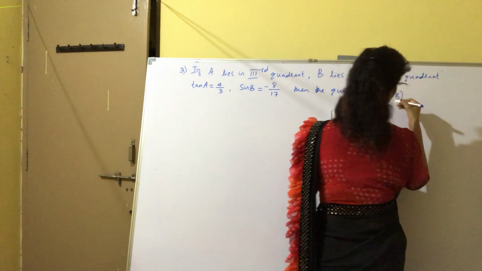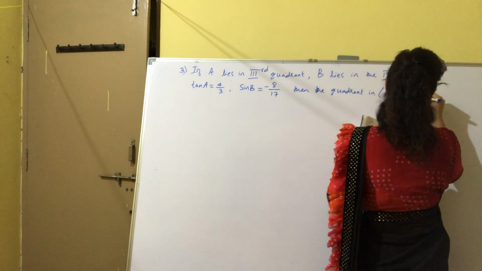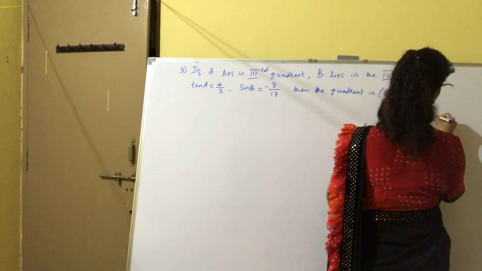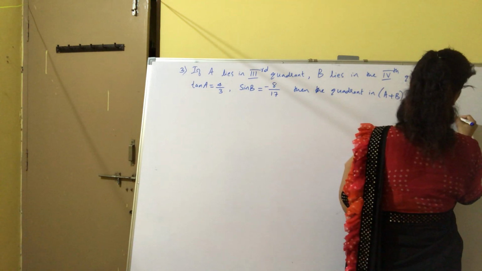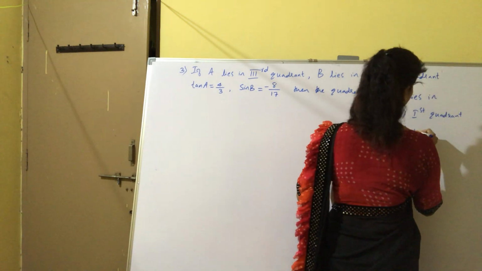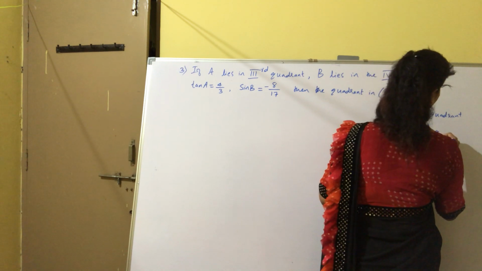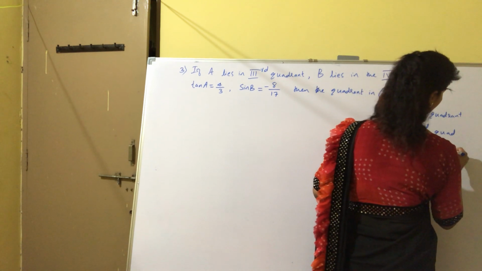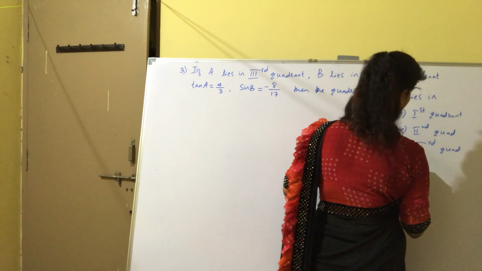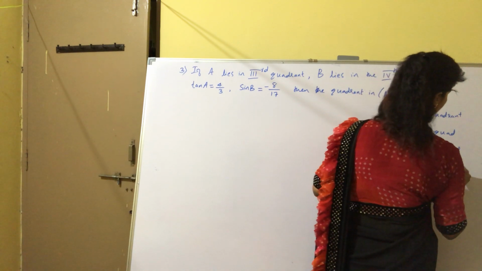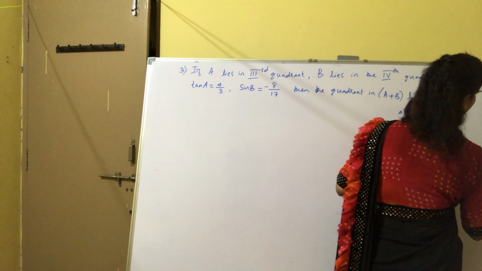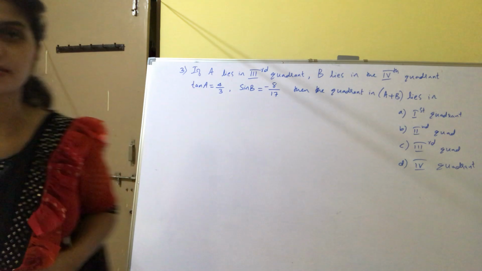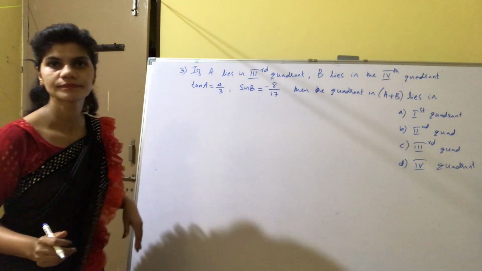The first option is first quadrant, the second option is second quadrant, the third option is third quadrant, and the fourth option is fourth quadrant. So where does the angle A plus B lie is our question. See carefully how to do the sum.